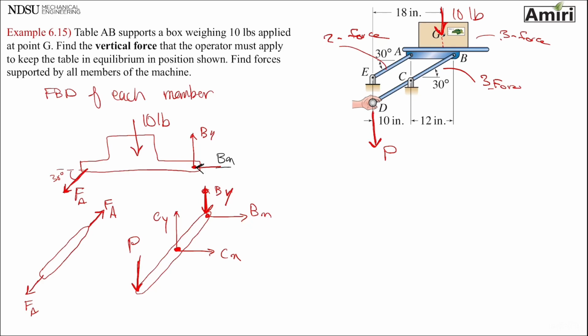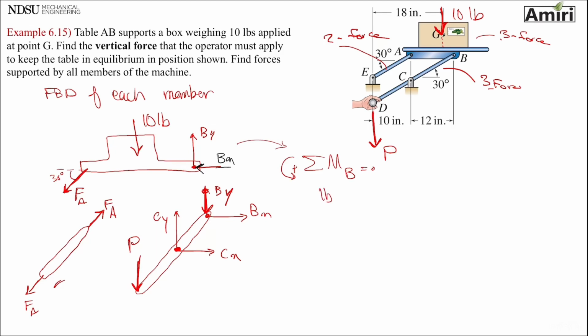So this one, I have two unknowns, but they're equal, so I can't do much about it. Let's just start with this free body diagram. I have three unknowns. Let's take moment about point B and find FA right away. Okay, I'm going to go a little bit quicker through the equations now.